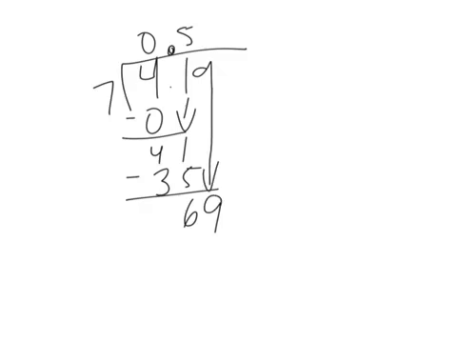I know 7 times 9 is 63. So the difference is 6. So here's my question now: is this 6 remaining a whole 6, or is it actually 6 hundredths?